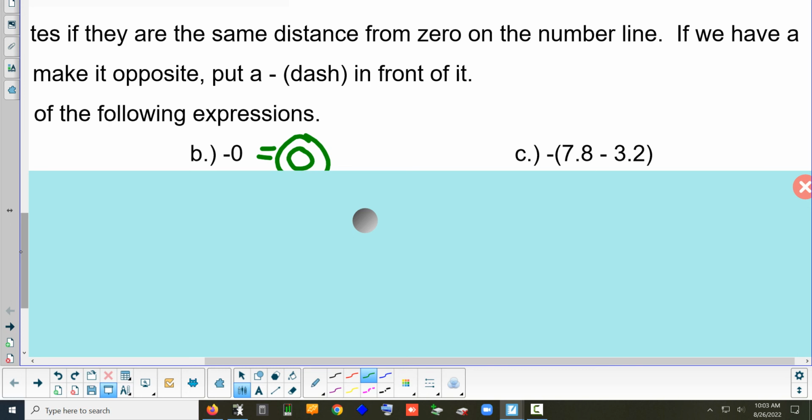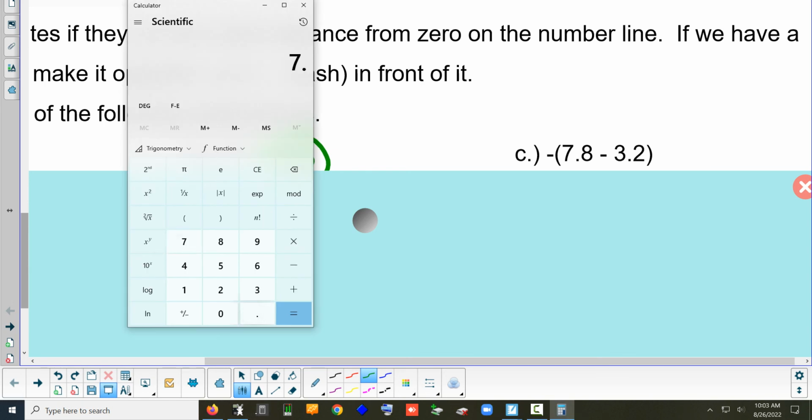What's the first thing you should always do if you follow PEMDAS? Yeah? Anything in parentheses. Do you see something in the parentheses you could do, Maya? 7.8 minus 3.2. Yeah, so let's just use our calculator. And let's type in 7.8 minus 3.2. And that gives me 4.6.